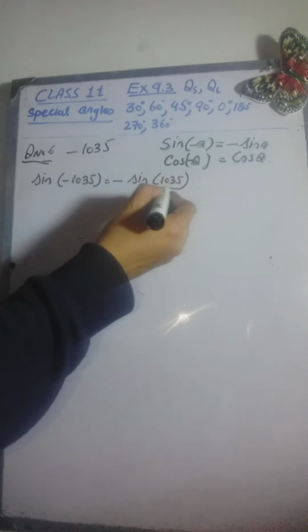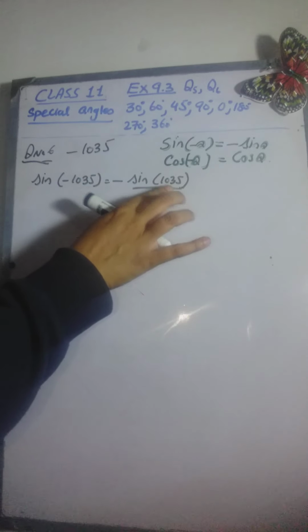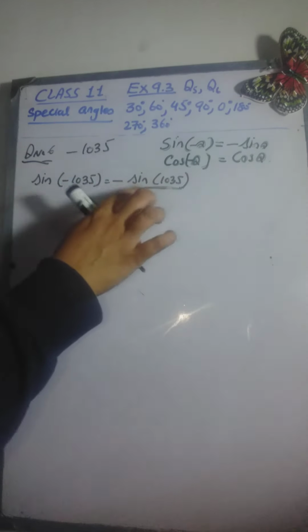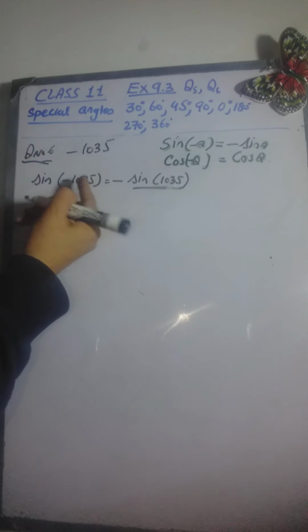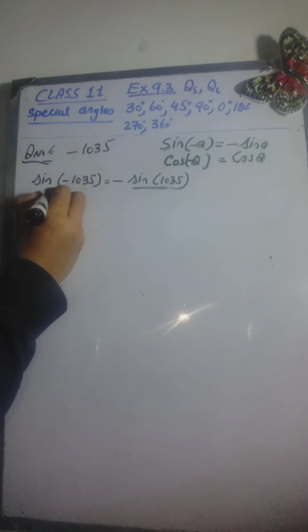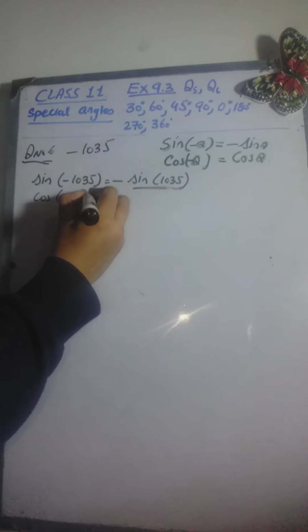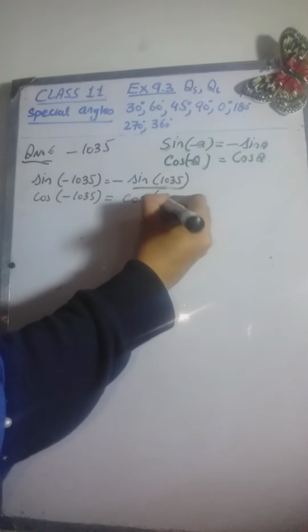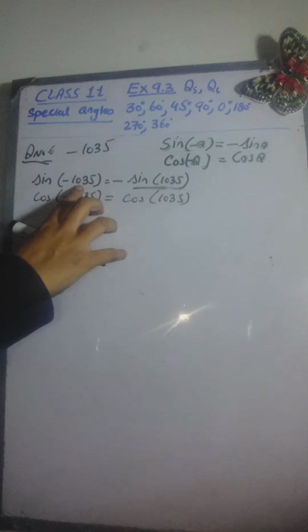We will first find the sine of 1035, which will give us the sine of negative 1035. Similarly, to find the cos of this angle, we will have to find the cos of positive 1035. This is the relation between the trigonometric ratios of positive and negative angles.